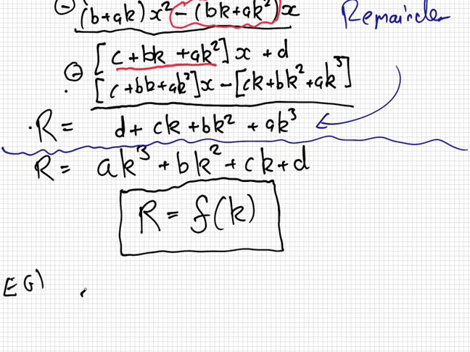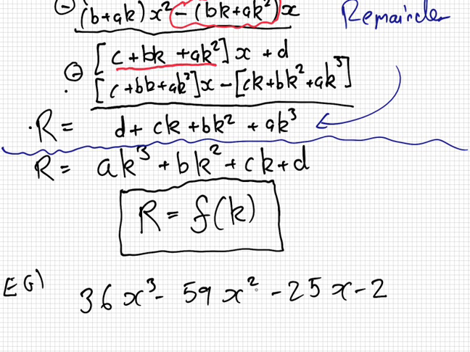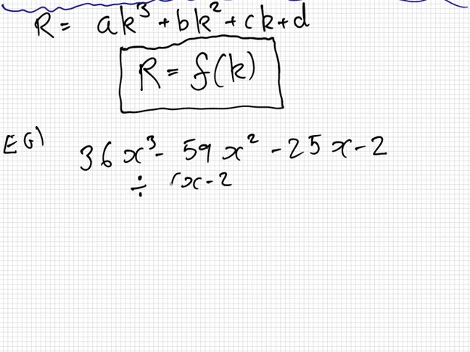I said 36x cubed minus 59x squared minus 25x minus 2. Does everyone have the same one? Yes. And what did I ask you to divide by? X minus 2. And what was your remainder? 0. The remainder theorem says you can calculate the remainder by replacing x with 2.